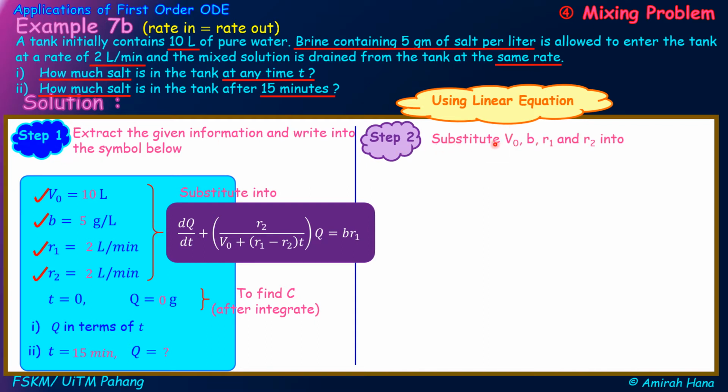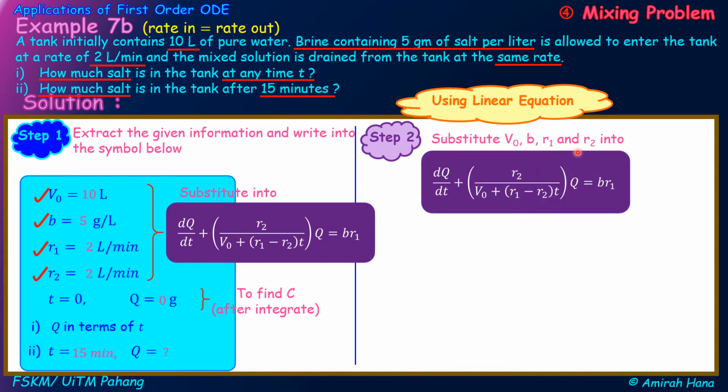Substitute V0, B, R1 and R2 into this formula. So after we substitute V0, B, R1, and then R1 here, R2 here, and R2 here, we get this.